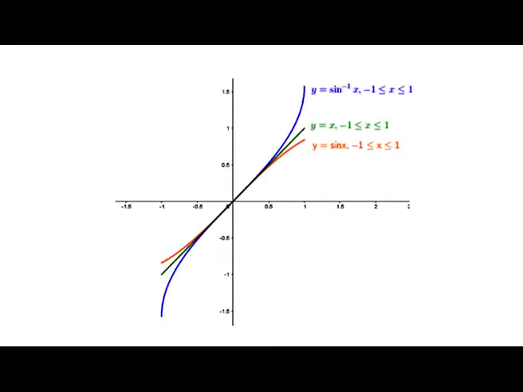The graph of y equal to sin inverse of x with minus 1 less than or equal to x less than or equal to 1 is drawn by taking the reflection of the graph of y equal to sin x in minus pi by 2 less than or equal to x less than or equal to pi by 2 about the line y equal to x.